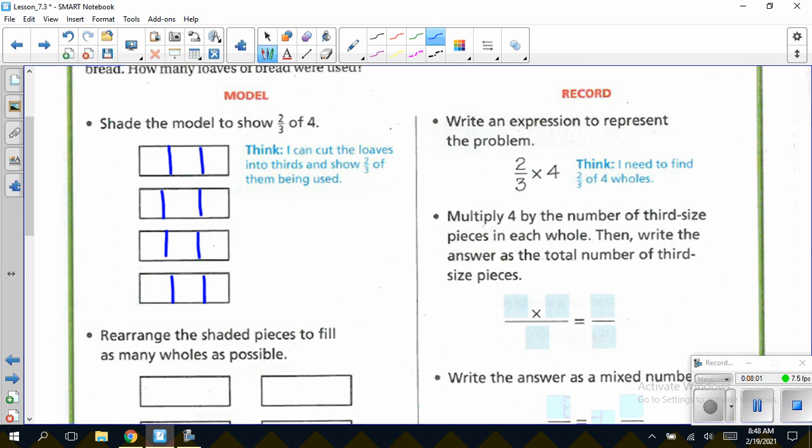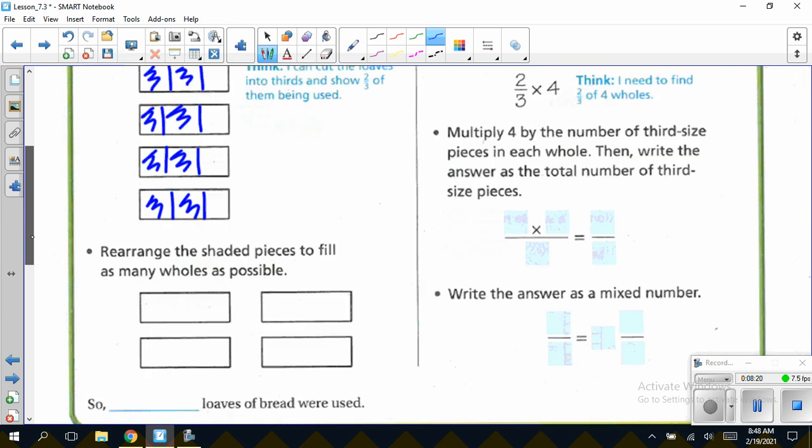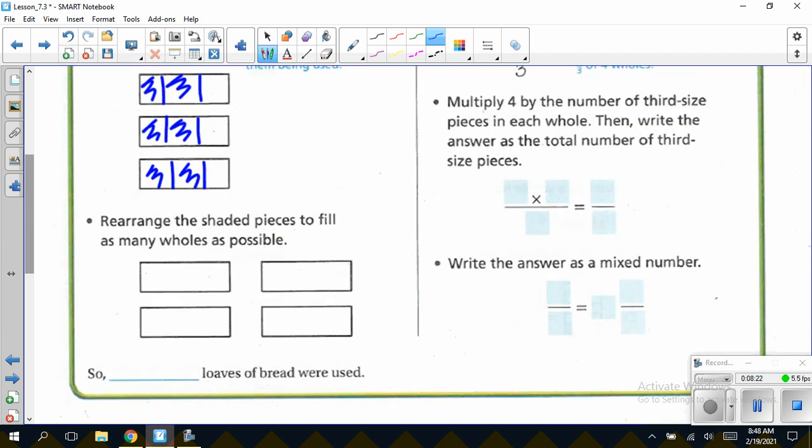And of those 3 equal pieces, I need to shade in 2/3. So right here, I want to count up how many sections I do have colored in. So 2, 4, 6, 8 sections were colored in. So what I can do is I can rearrange the shaded pieces to fill as many holes as possible. So if I break apart these loaves of bread into 3 equal pieces again, we said that there were 8 sections that were shaded in.